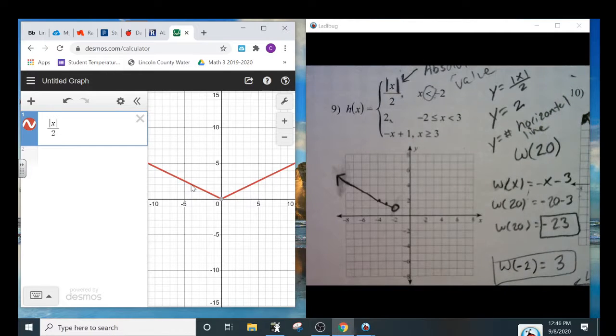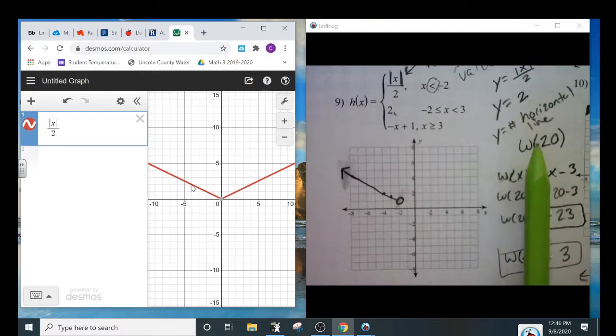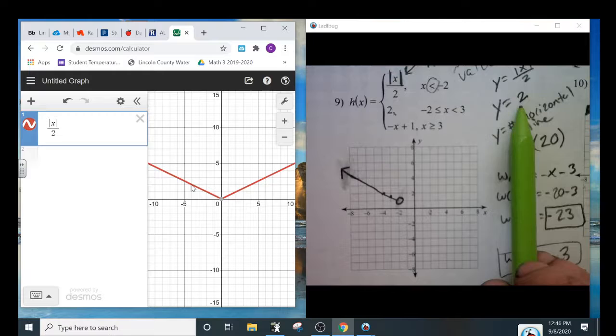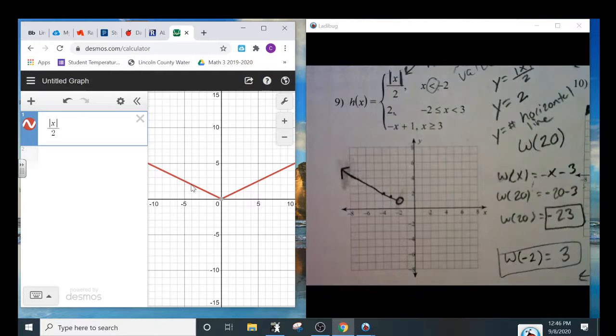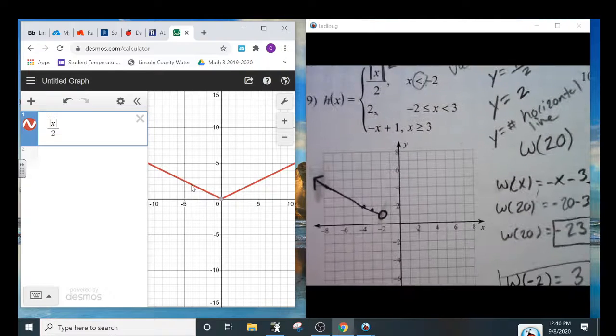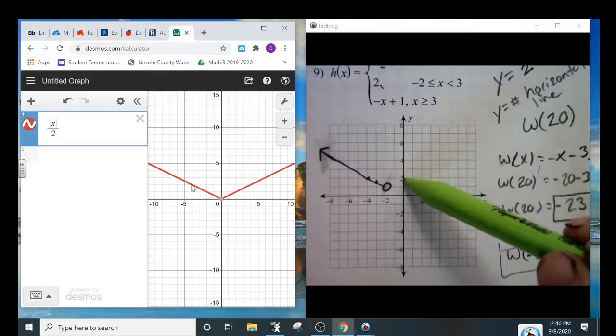Okay, that's a horizontal line. Now, guys, it's a horizontal line that goes through 2 on the y-axis. Okay, now, so guys, here's positive 2 on the y-axis. There's positive 2 on the y-axis.